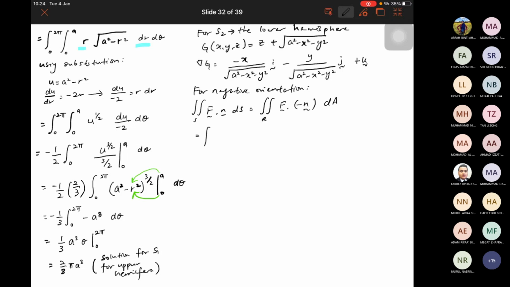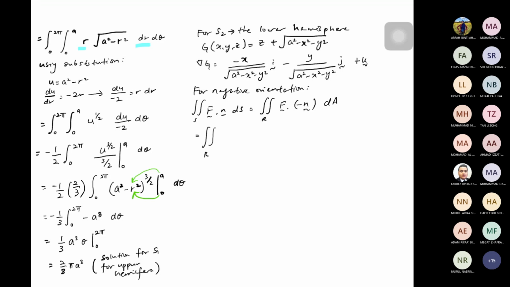So it will be the integral over the bounded region R of z k dot the negative of negative x over square root of a squared minus x squared minus y squared i minus y over square root of a squared minus x squared minus y squared j plus k, dA.